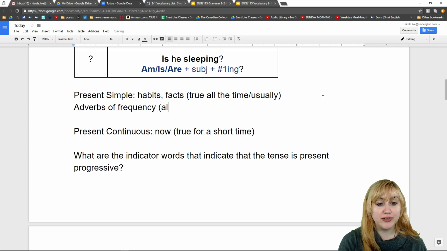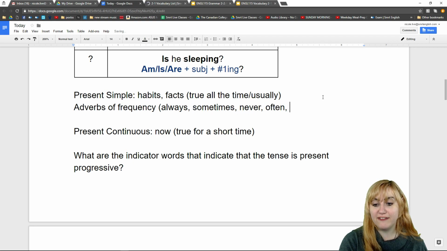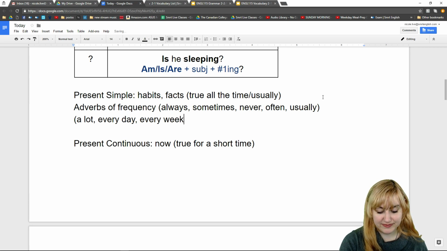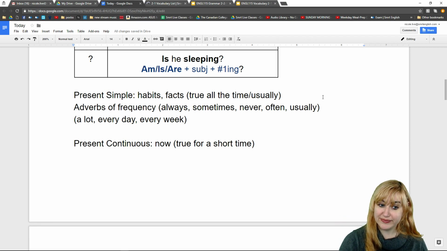Adverbs of frequency are those words like always, sometimes, never, often, usually. Those are adverbs of frequency. And then we also use things like a lot, or every day, or every week. Something that shows that it's a habit or something that we usually do.